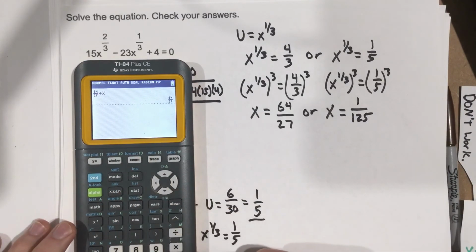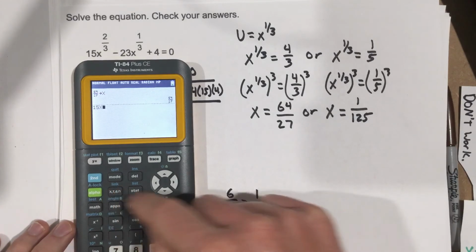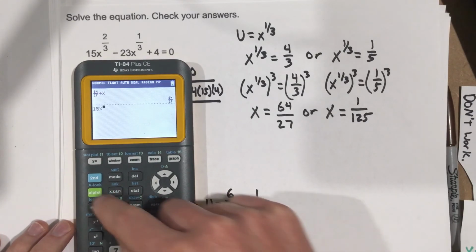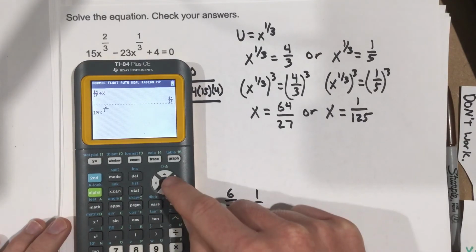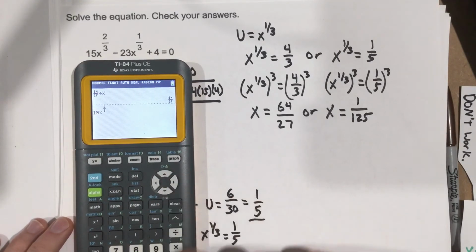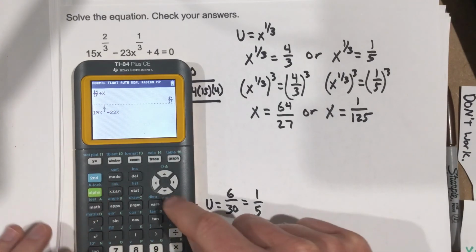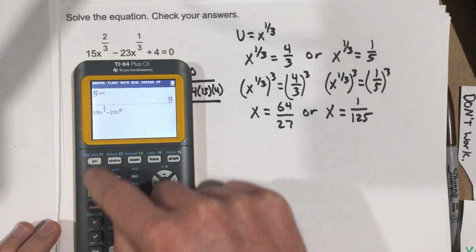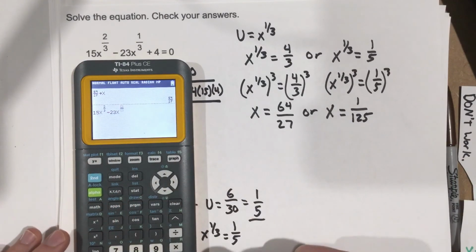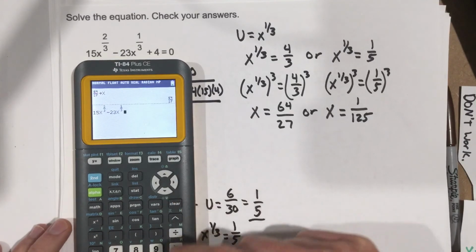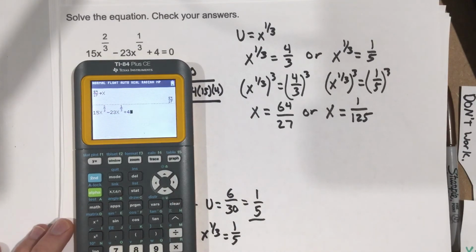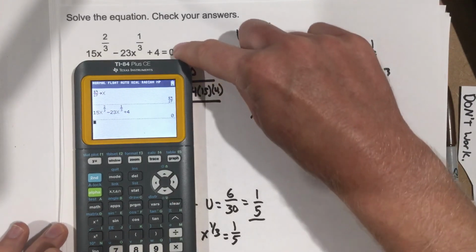Type in 15 x to the 2/3 power minus 23 x to the 1/3 power plus 4. Gives you 0, which is what we thought we should get.